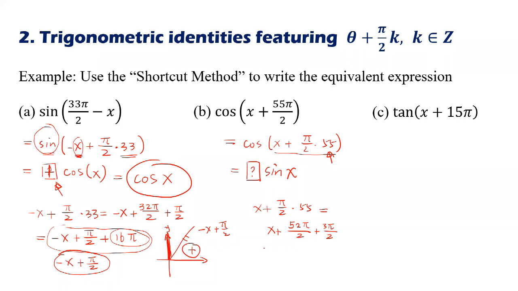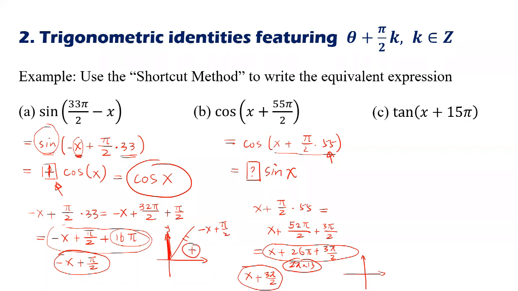So note here, 52 pi over 2 is actually 26 pi, right? 26 pi is actually 2 pi times 13. This means x plus 3 pi over 2 has the same terminal side with the angle here. So we only need to consider which quadrant this angle is in, right? Suppose x is in the first quadrant. That means, suppose x is acute angle.